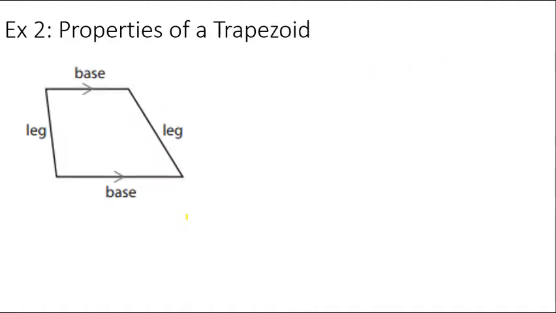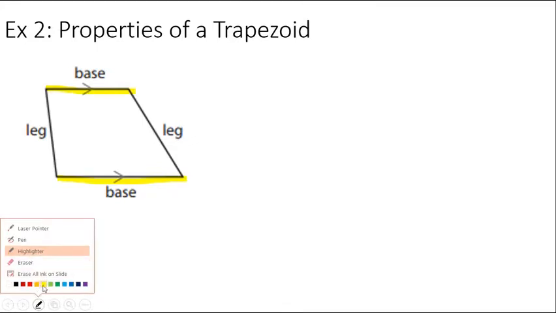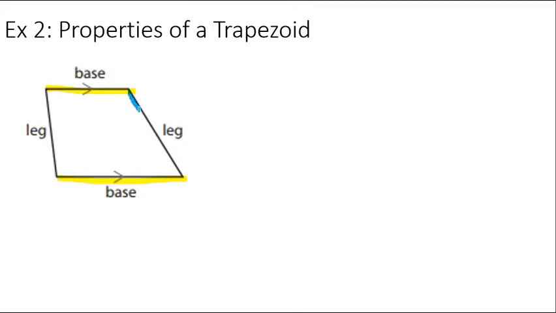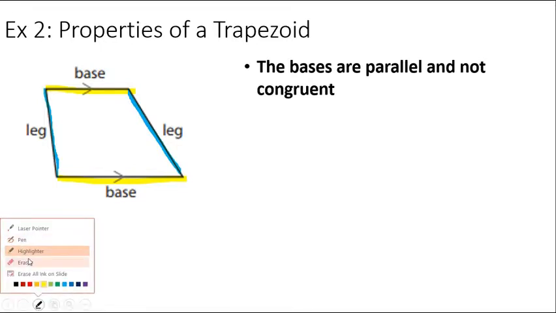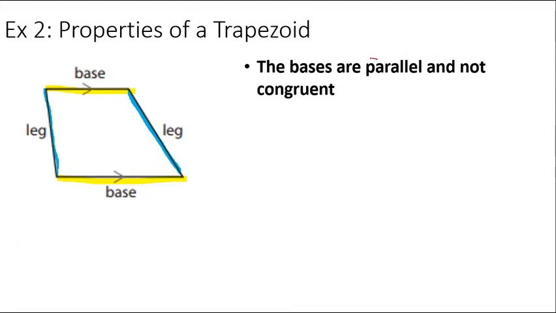Okay, next item, example 2, properties of a trapezoid. So see there's a trapezoid. It has your two bases, and those are opposite each other. And it has the two legs, which are also opposite each other. So first thing it says, the bases are parallel, so you remember the word parallel, and they're not congruent.